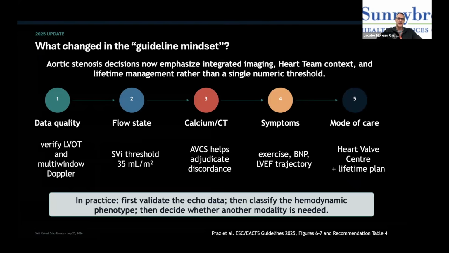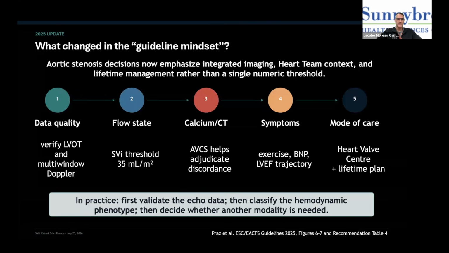When you read the guidelines, my recommendation would be, first, verify that the data you are acquiring is appropriate. So verify your LVOT. The LVOT is an important source of error. Then verify, if you can, multiple windows and multiple Doppler angles to check that this is appropriate. Then look at the flow state.